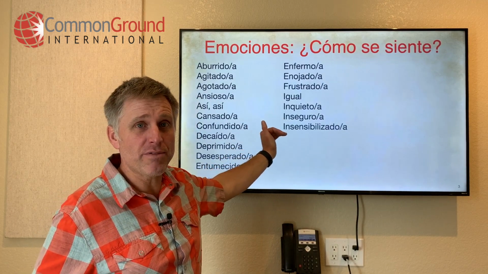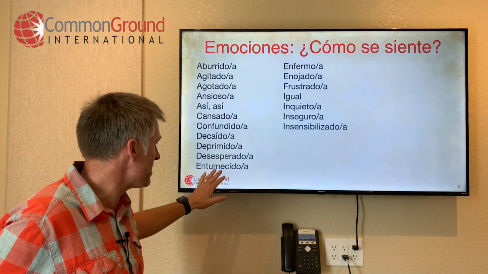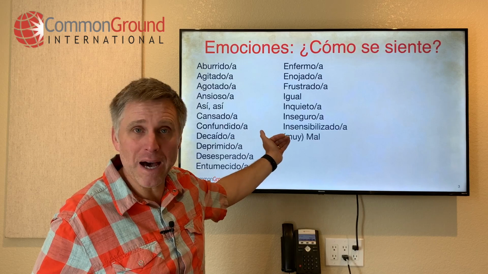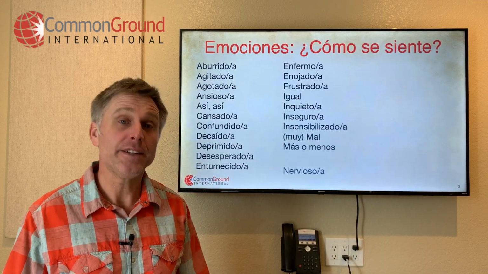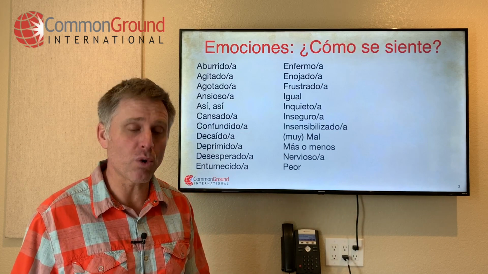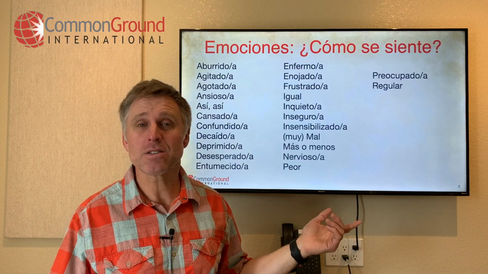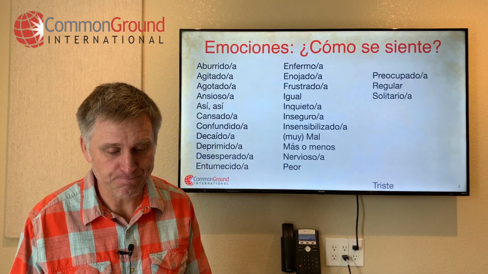Insensibilizado, another one of those words that can mean like metaphorically numb, like entumecido. Okay. Muy mal or mal, just not well or ill. Más o menos, more or less. Nervioso, nervous. Peor, worse. Preocupado, worried. Regular is just okay. Solitario, lonely or alone.